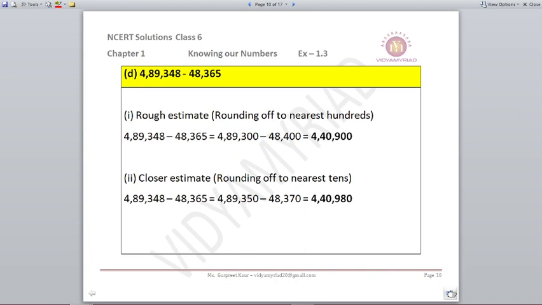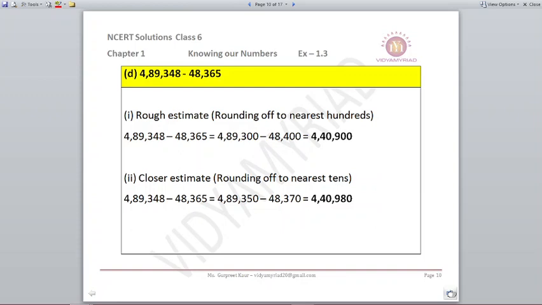489348 minus 48365. When you do this, 489348 becomes 489300 nearest to 100 as 48 is less than 50. 48365: now 65 is more than 50, so it will become 48400. On subtracting, you get 440900.